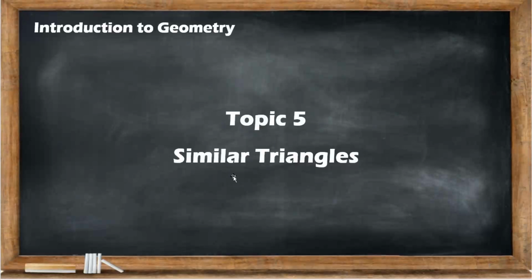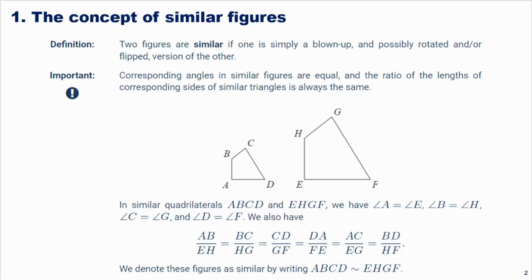We'll complete topic 5 as well. Topic 5 is about similar triangles. First of all, let's have a look at the concept of similar figures. Two figures are similar if one is simply a blown up or possibly rotated and/or flipped version of the other. Corresponding angles in similar figures are equal, and the ratio of the lengths of corresponding sides of similar triangles is always the same.